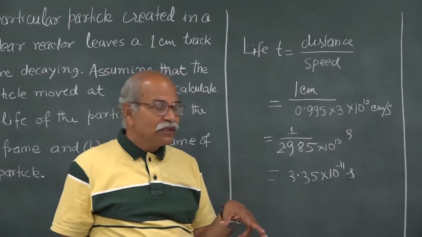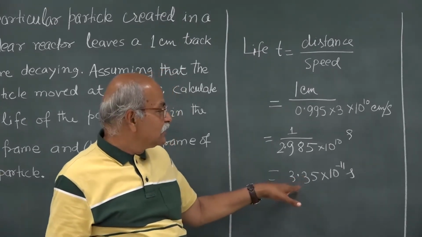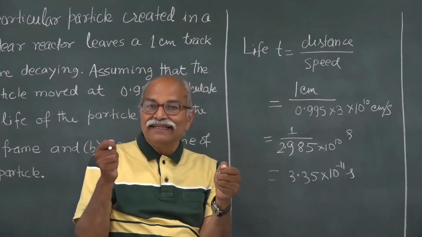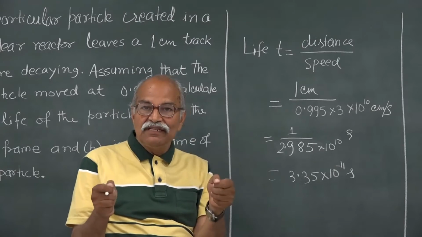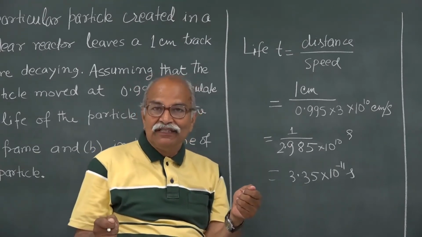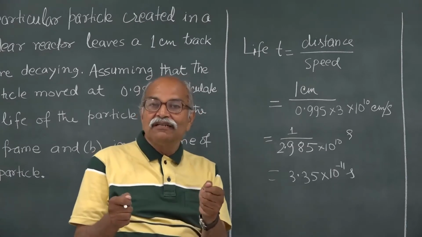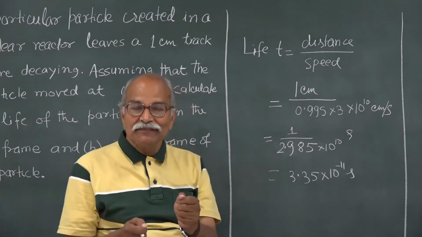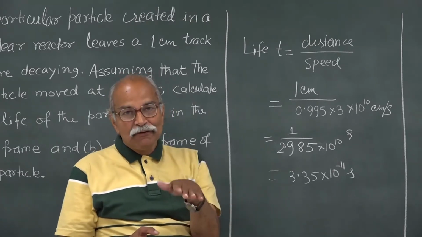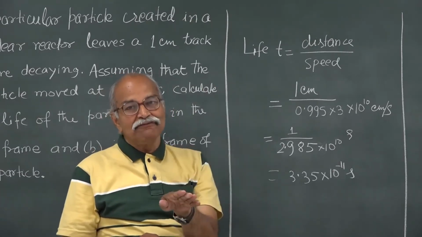So, you can see that the particle created and particle decayed, these two events are 1 centimeter apart in the lab frame. So, this is not the proper time interval, whereas if you go in the particle frame, you put your origin on the particle itself.